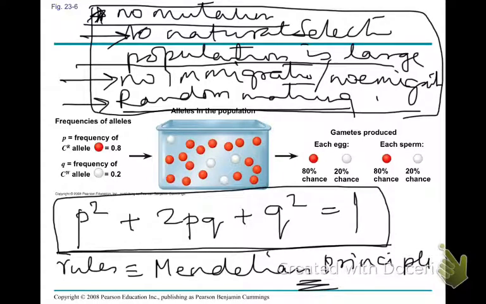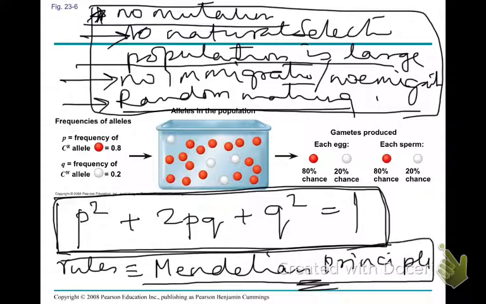So my point is, Hardy-Weinberg said, this is the equation that holds true, and the Mendelian principles of segregation and assortment will keep happening, and the allele frequencies will keep appearing constantly in those numbers and not just disappear if there is no mutation, if there is no natural selection, if the population is large, if there is no immigration or emigration, and if there is random mating.